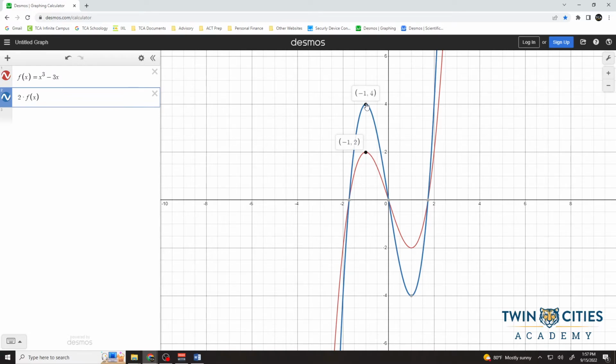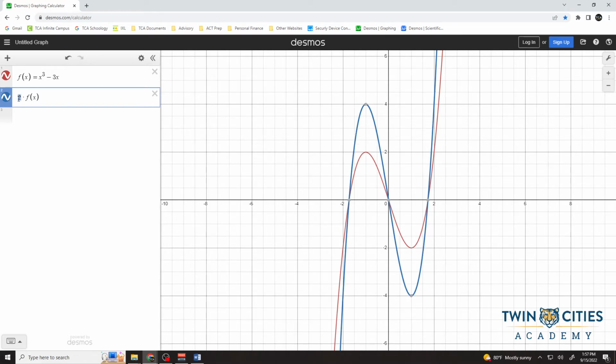So now I'm going from negative 1, 2 to negative 1, 4. This point, positive 1, negative 2, doubled is now positive 1, negative 4. You'll notice, though, that the zeros are exactly the same, because if you double 0, you still get 0.